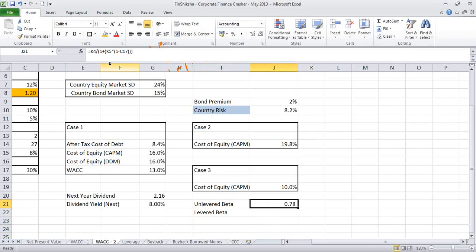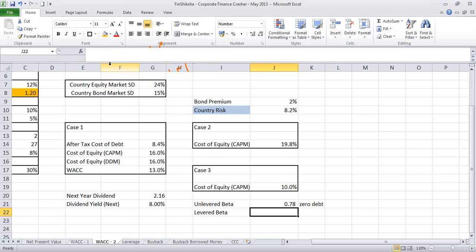Unlevered beta is 0.78. This means that this firm would have exhibited a market beta of 0.78 if they had 0 debt. Now we have scaled it down. The assumption that the market is making is that between two comparable firms, if they have no debt, the risk will be perceived to be similar.